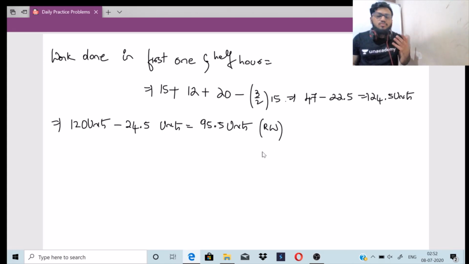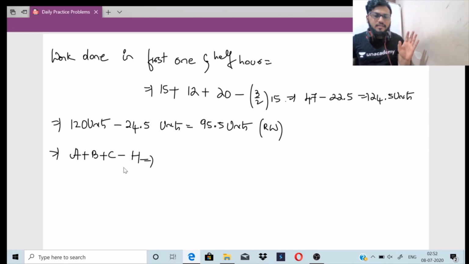So for this, how shall I do it? If all the taps are open simultaneously for the rest, what will be my expression? It will be A plus B plus C minus the hole, for the rest 1 hour.